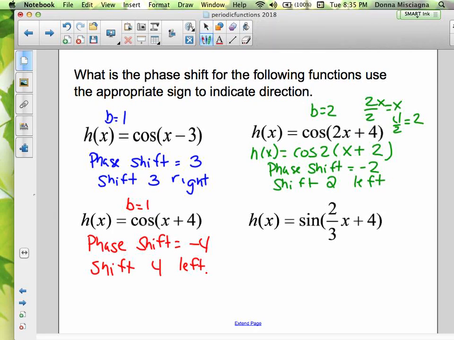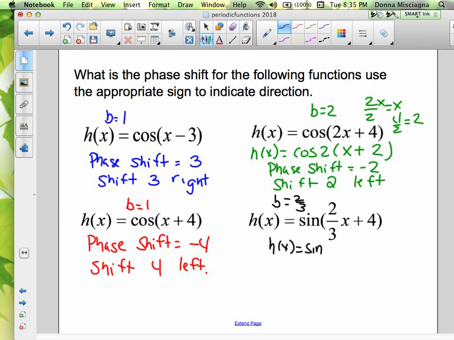All right, so our B is 2/3. B equals 2/3. So we're going to divide everything by 2/3. Right, so we have h of x equals sine 2/3 x, and dividing x by 2/3 is no problem.